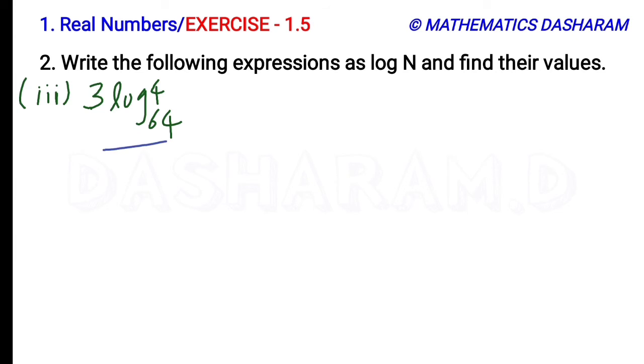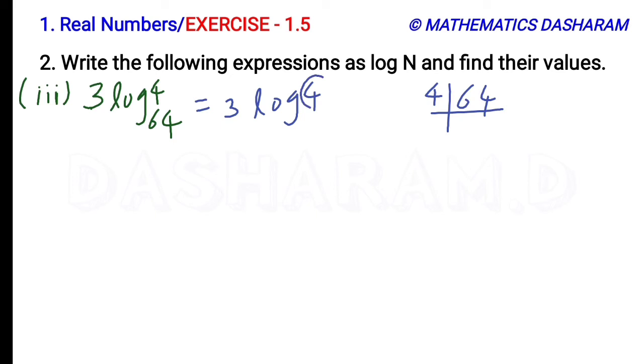Third question, 3 into log 4 base 64. 64 exponential form is 4 table, because here number is 4. So I am taking the 4. 4 ones are 4, remainder 2, 4 6s are, next 4 4s are 16. So then here 4 cube.